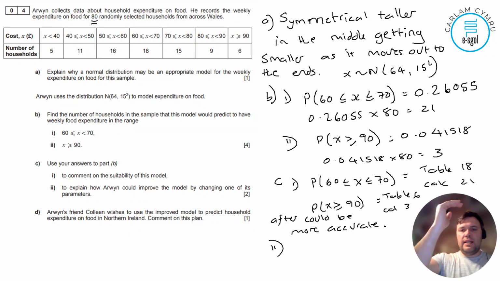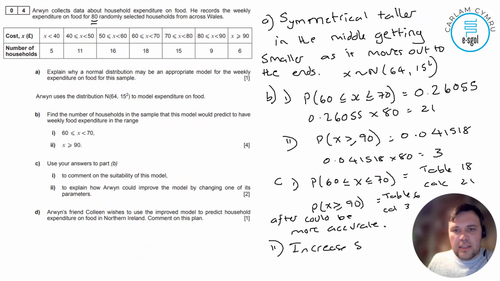So in flattening it down and making it wider at the bottom, if I increase the standard deviation, that would give me slightly lower than 21 towards the 18, and I've got 3 at the moment on the bottom, so it'll come up slightly towards the 6. So here I would say increase the standard deviation.